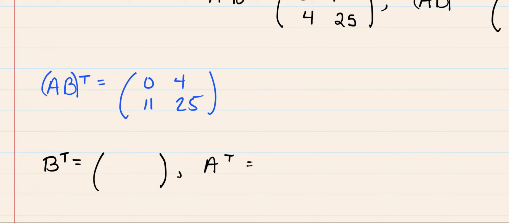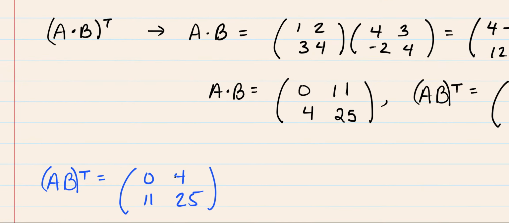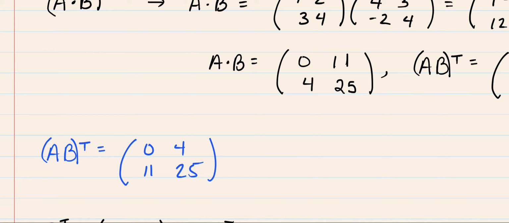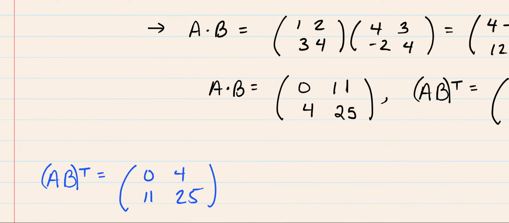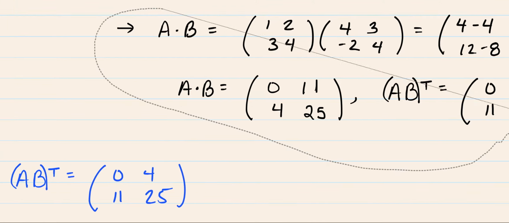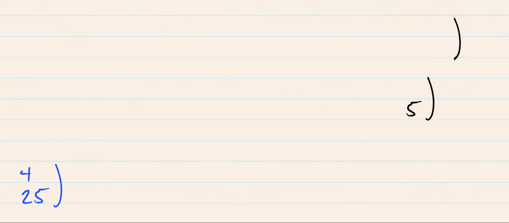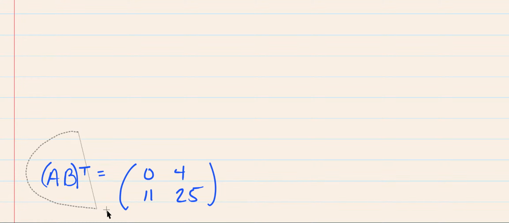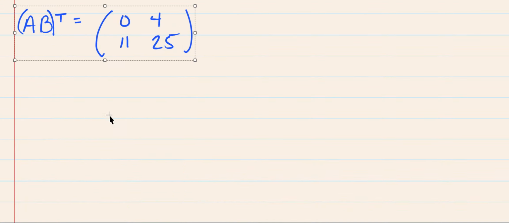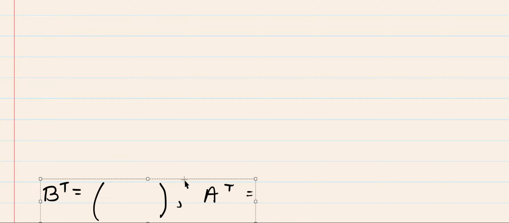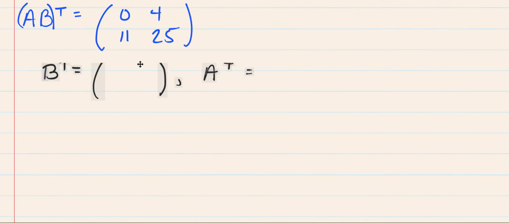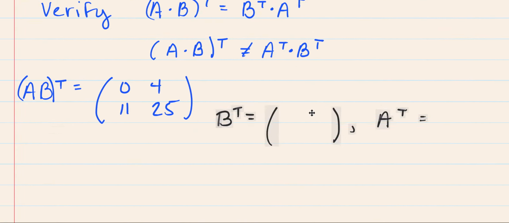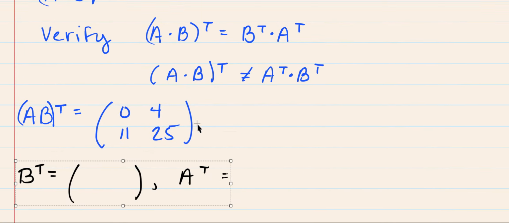I'm going to erase this so I can see up here, just so we can see the original problem. So I'm going to move this back up, and then move this up, put it up right here.